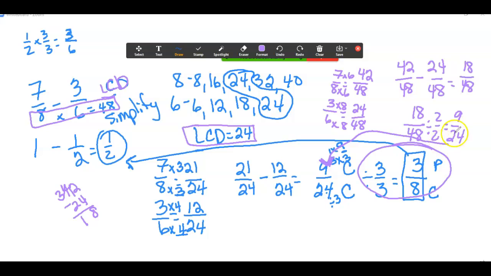Okay, so by multiplying across the denominators and using 48, you actually have another step that you have to do. Okay, so you either find the lowest common denominator or you end up with another step in your simplifying. It really is the same amount of work. It just depends on which one you're more comfortable with.